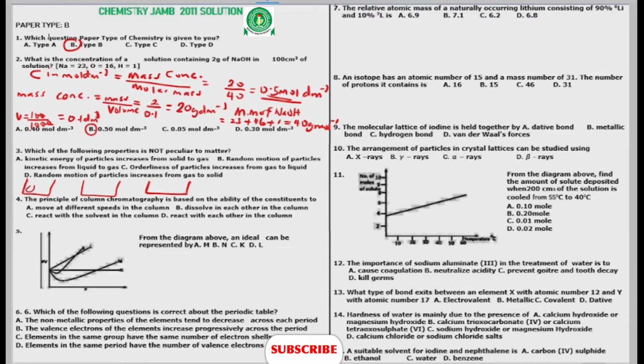Solid consists of closely packed particles, which does not allow free movement of the particles. Liquid is a little bit more spacious than solid. It is not that closely packed together. As you can see, there is a space which allows a little bit of movement.